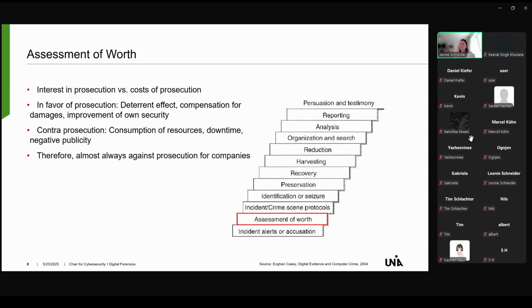An example for that would be the zero tolerance policy, where they say, okay, we go after every single thing that happens because of deterrent reasons. So every theft, for example, is reported to the police. But there are also other policies.